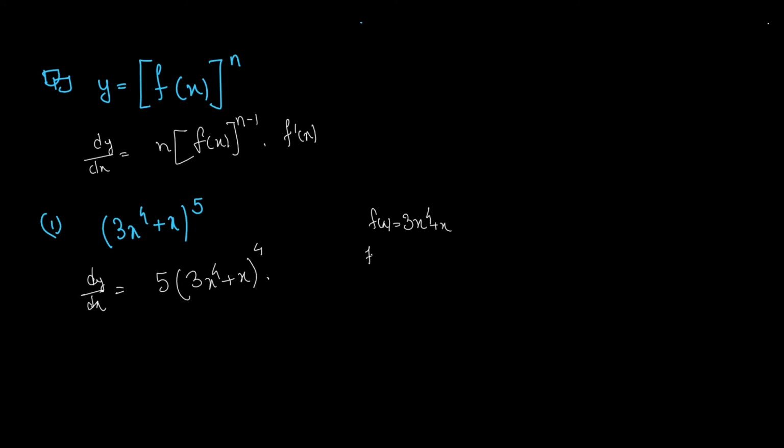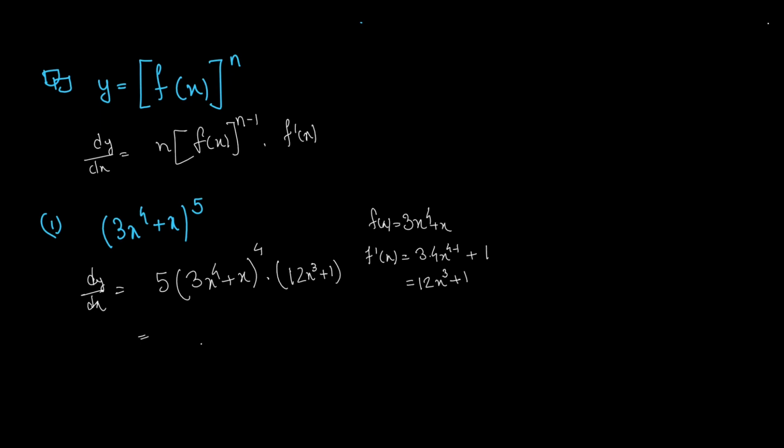Now, if we differentiate it one time, f prime x will give us 3 into 4x to the power 4 minus 1, since the power of 4 decreases by 1. And if we differentiate x, we'll get basically 1. So 4 times 3 is 12x to the power 3 plus 1.